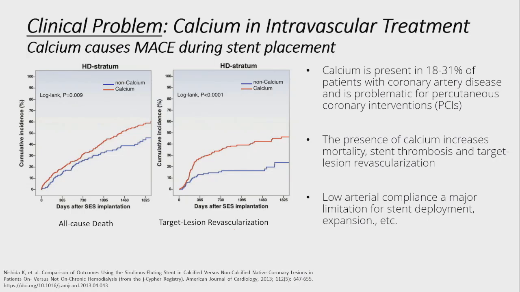On the left, you can see calcium in coronary arteries poses a significant challenge for completing PCI or completing therapy. And calcium has been independently associated with higher cases of MACE versus treating lesions that are not calcified.